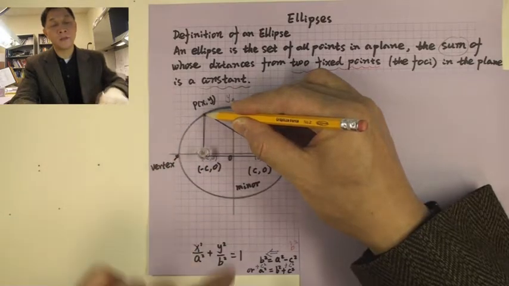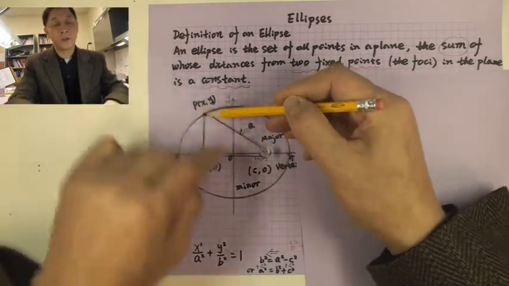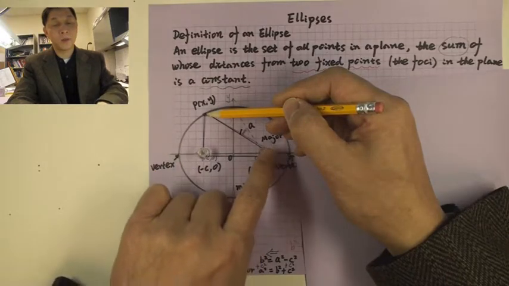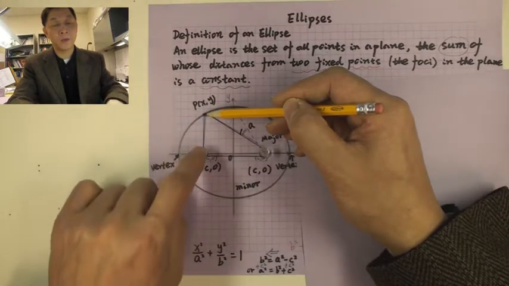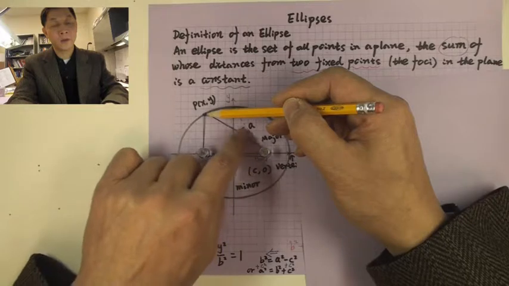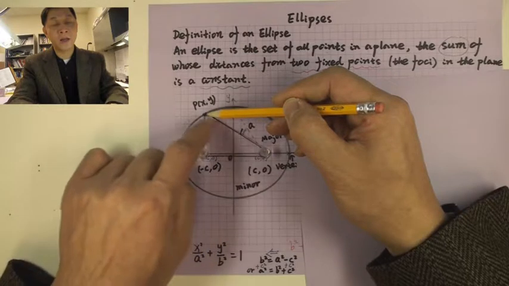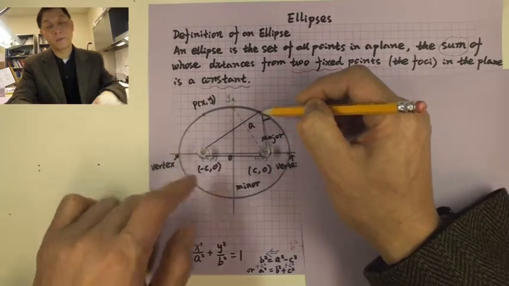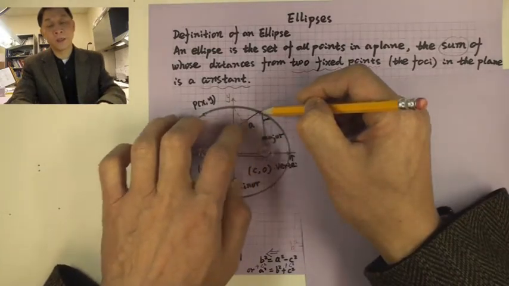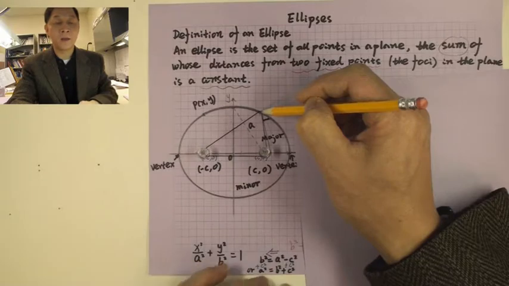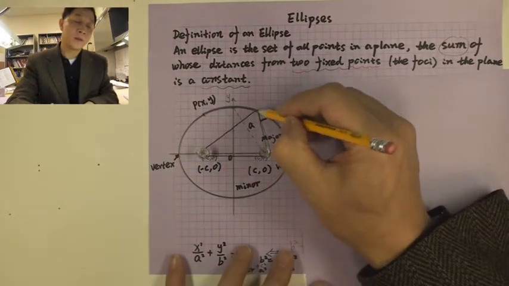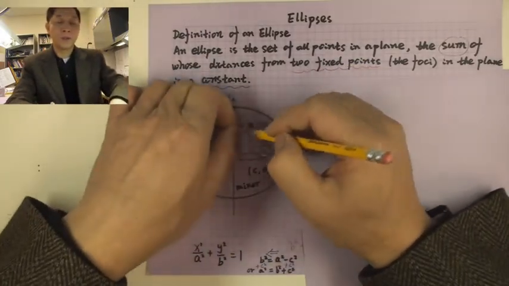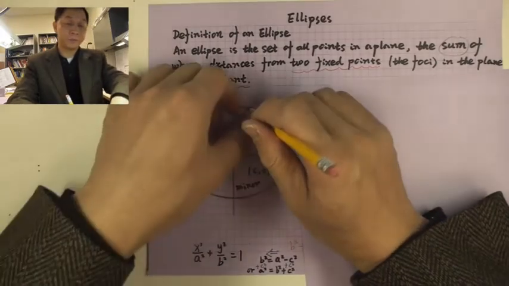If you see the distance between this one and P, between this one and P, there are two distances. You add together equals the sum of the distance. Add those two together. That's what it says.